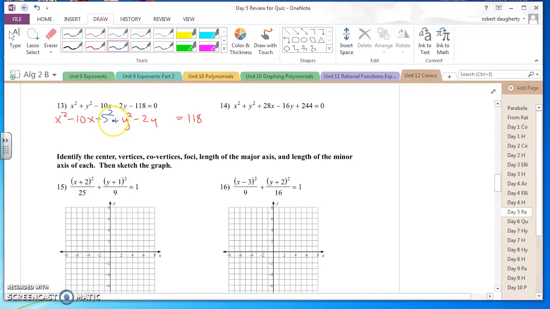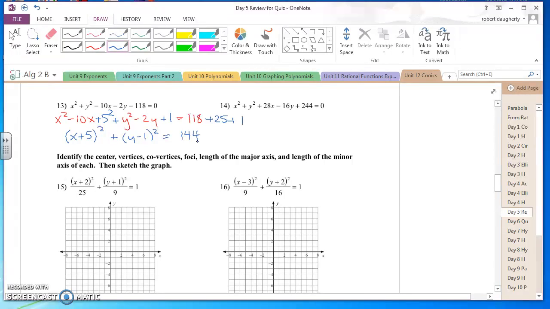And to complete the square in y, half of 2 is 1, so I'm going to have to add 1. So I'm adding 25 plus 1. So this becomes x minus 5 squared plus y minus 1 squared equal 118 plus 26, which is 144.